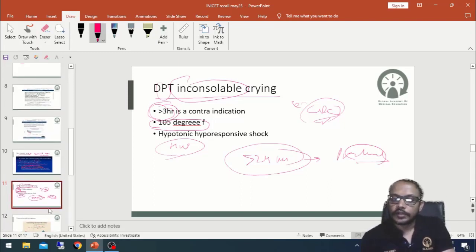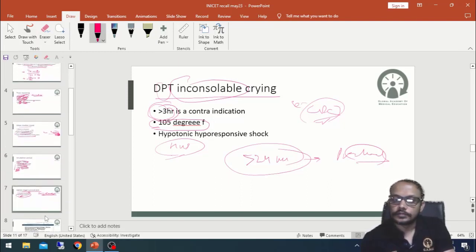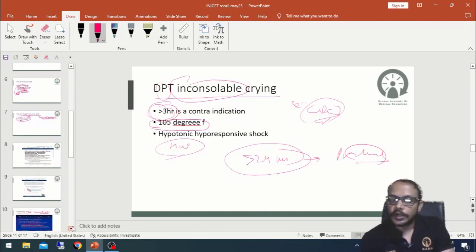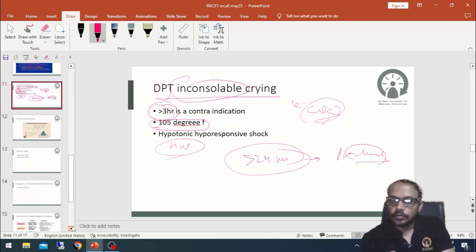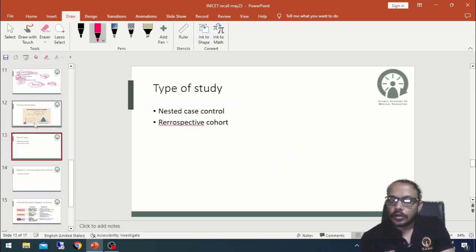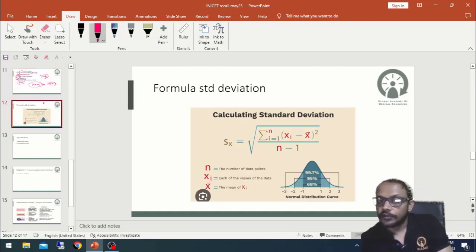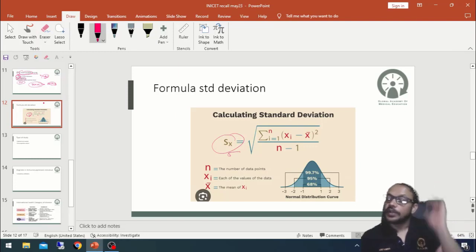So, coming to the next question, from the DPT we are going to type of studies. The formula of standard deviation was also asked. It was asked in the earlier exam as well. Standard deviation can be denoted by sigma as well.